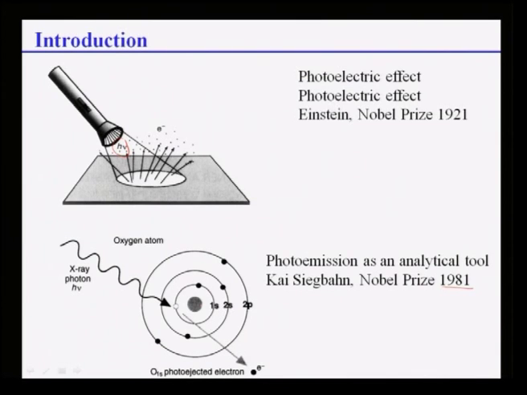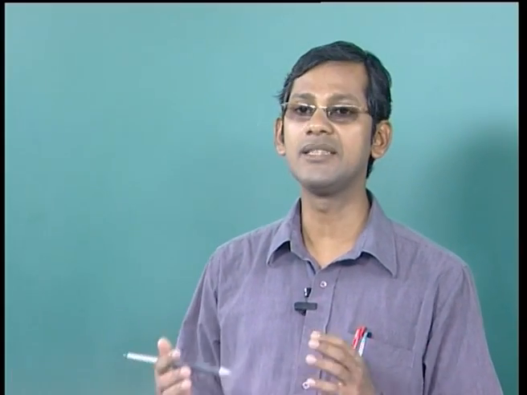This electron is basically the oxygen 1s electron, the photo-ejected electron, and we can use this electron to study different kinds of behavior, different aspects of this spectroscopy. That is the basic principle of the technique in a nutshell.